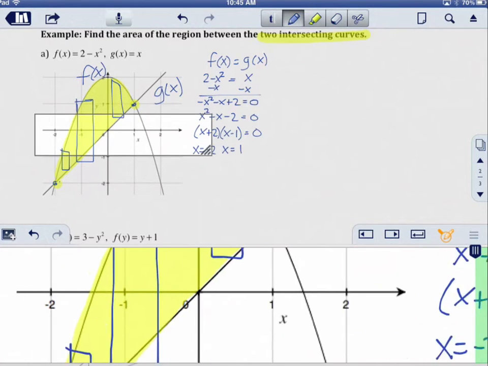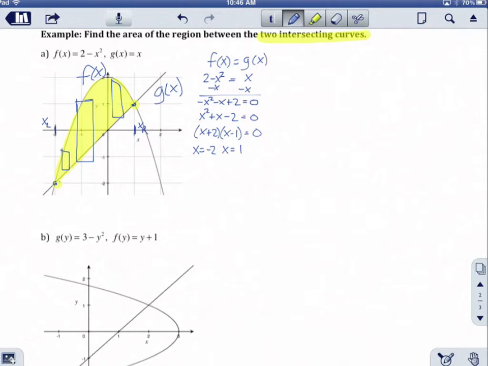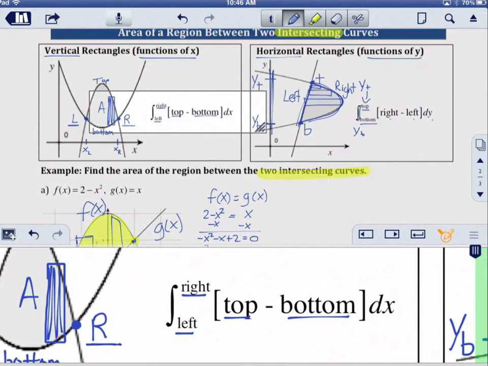Okay, and you can see those right here. So here is the x sub L, or the x on the left endpoint, and then here is the x on the right endpoint, and you can see that is where they intersect. Okay, so now we want to follow this pattern right here. So this is the integral from the left x to the right x of top minus bottom dx.